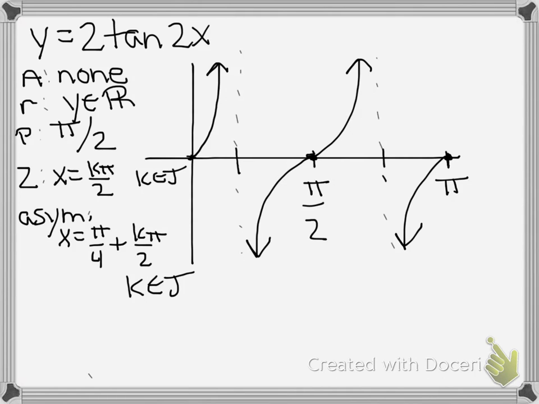Note, when you're dealing with tangent, asymptotes and zeros should have the same k distance. They're going to have different starting points, but it should be the same distance between them if we did it properly. If you have questions, jot them down, bring them to class. We can certainly talk about it when I see you.